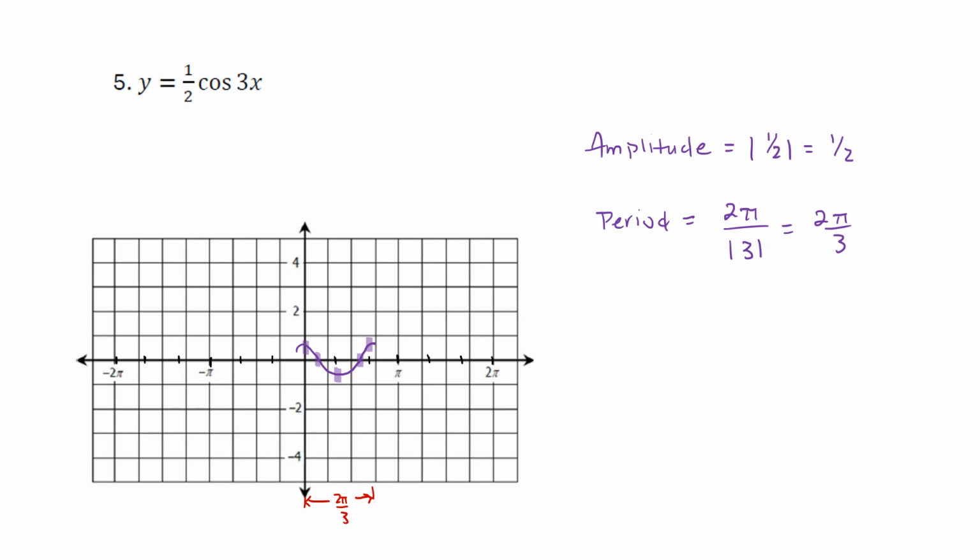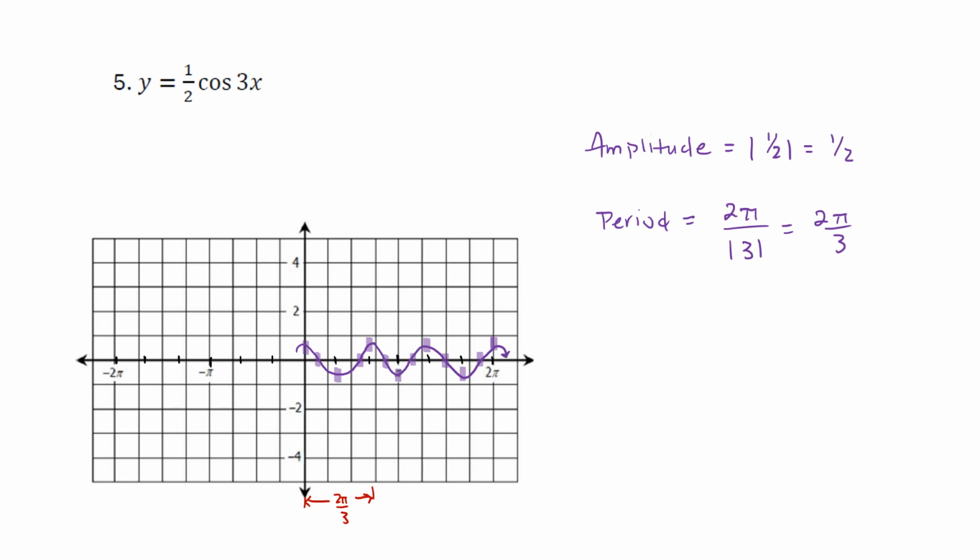So continuing on from 1/2, we go to 0 and then -1/2, 0, 1/2, 0, -1/2, 0, 1/2, 0, -1/2, 0, 1/2. All right.